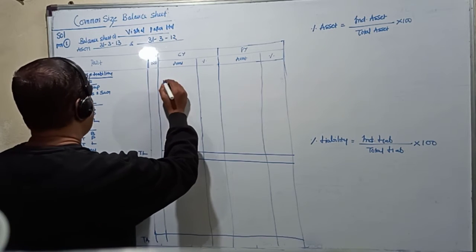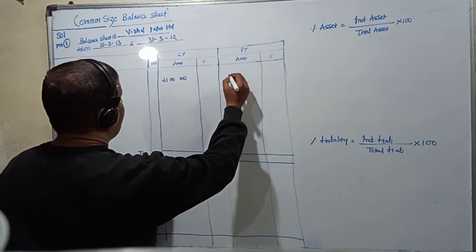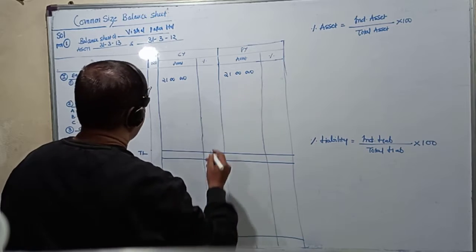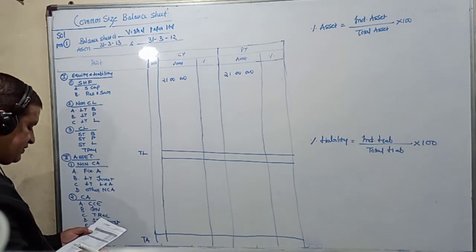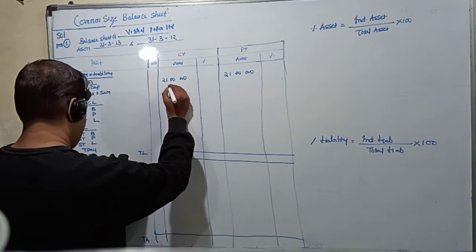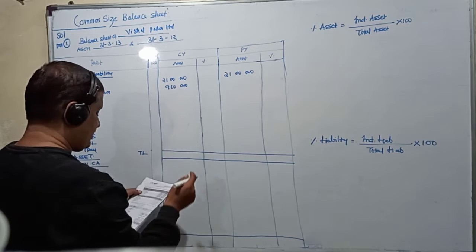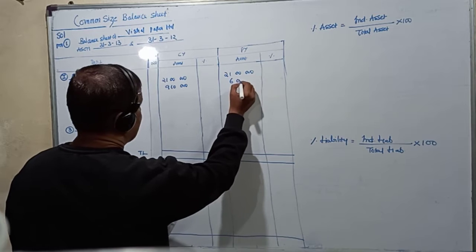For the current year share capital is 21 lakhs. For the previous year it is 21 lakhs. Next, reserves and surplus. For the current year it is 9,10,000, and for the previous year it is 6 lakhs.